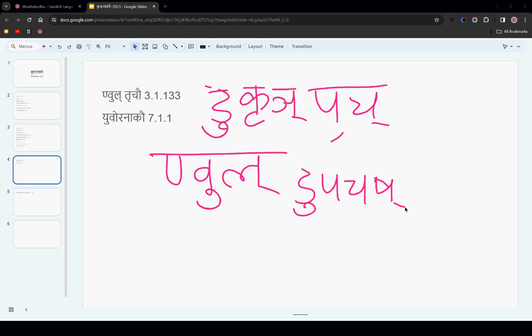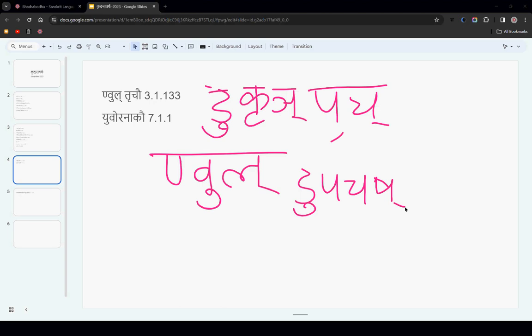The definition of a sutra itself is to be minimalistic, to try to achieve your goal with the minimum number of sutras, or even the minimum number of letters in the sutras. So that is the definition of a sutra. If you take the Brahma Sutras also, or any sutra grantha, the Yoga Sutras also, the sutra is trying to be minimalistic.